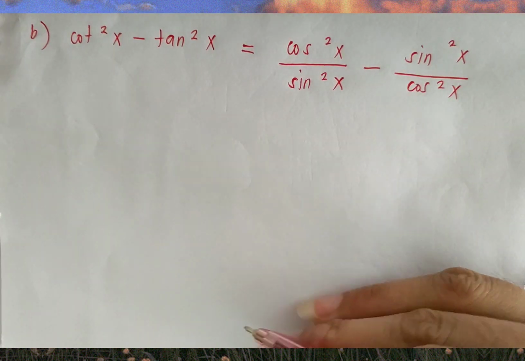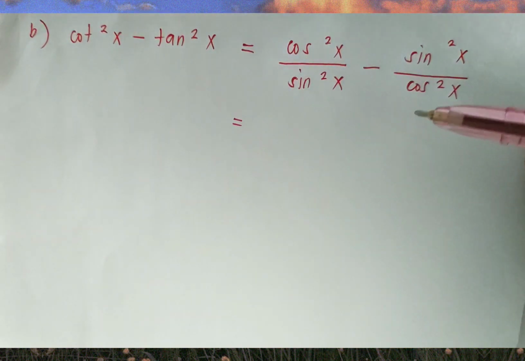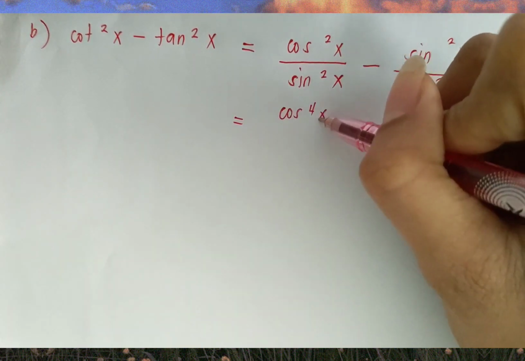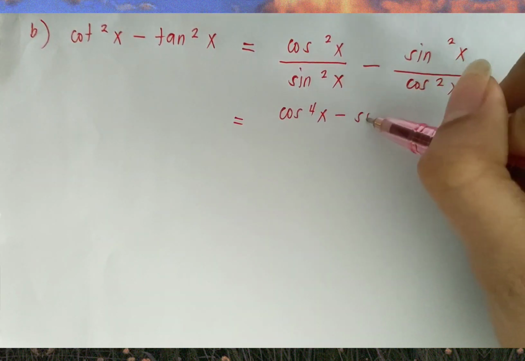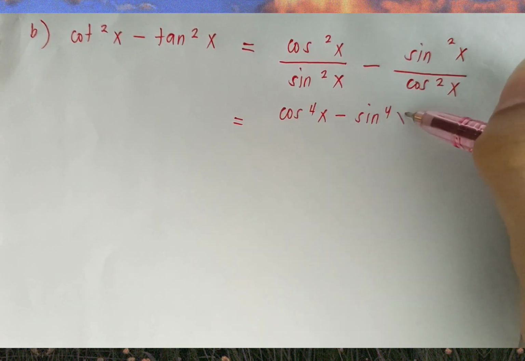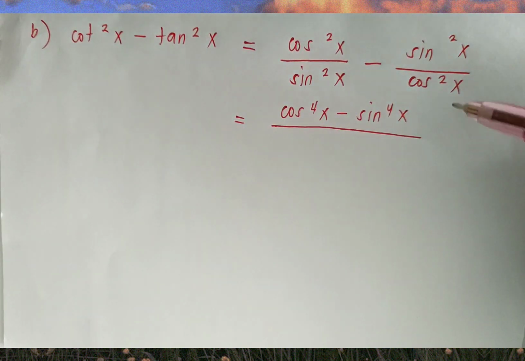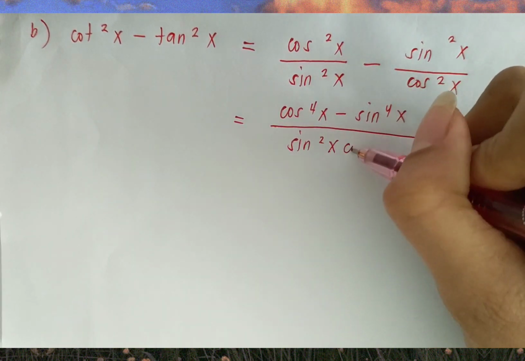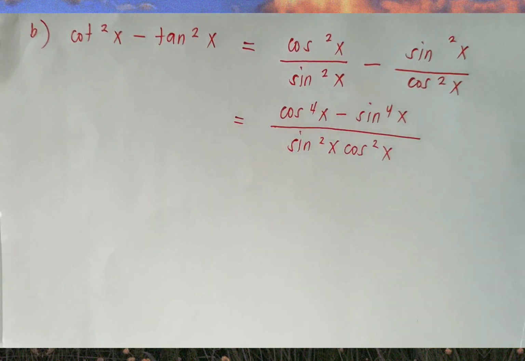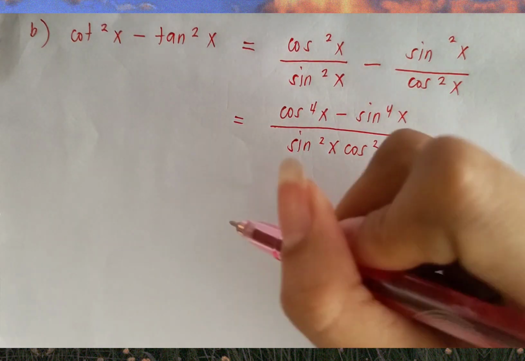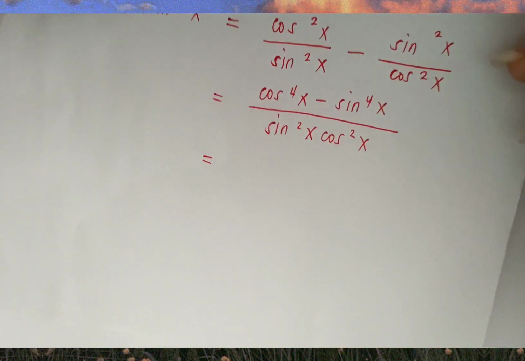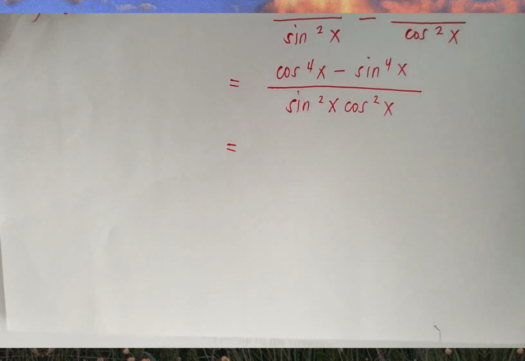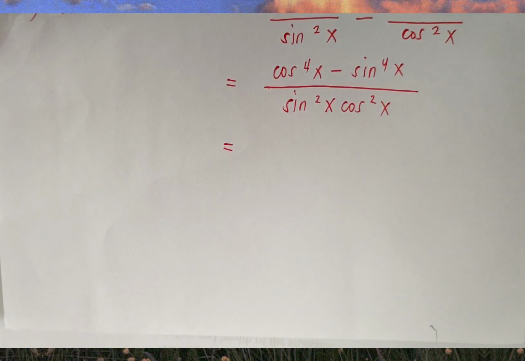We need to take the LCD. And we have cosine raised to 4x minus sine raised to 4x all over sine squared x cosine squared x. Okay, let us now simplify. Use your knowledge in algebra and of course the application of the fundamental identities.